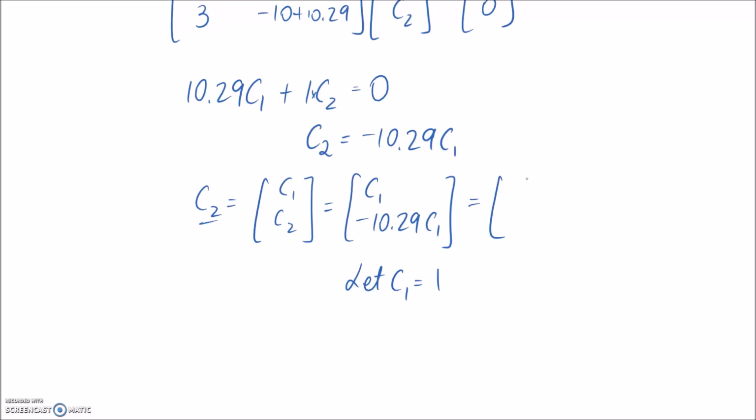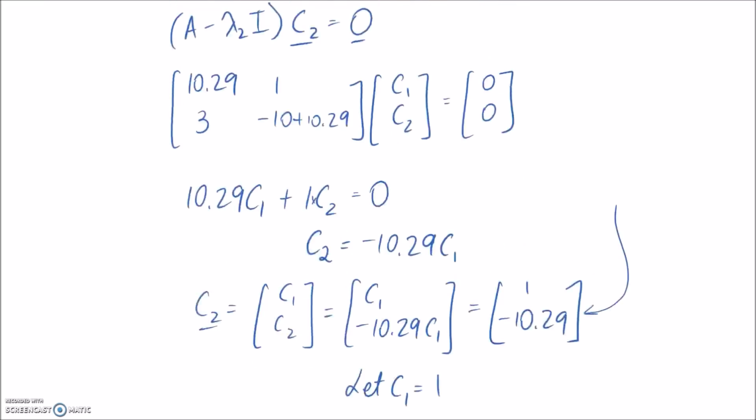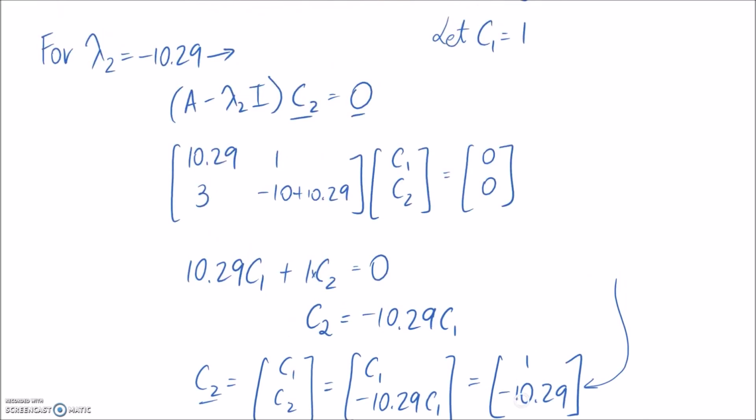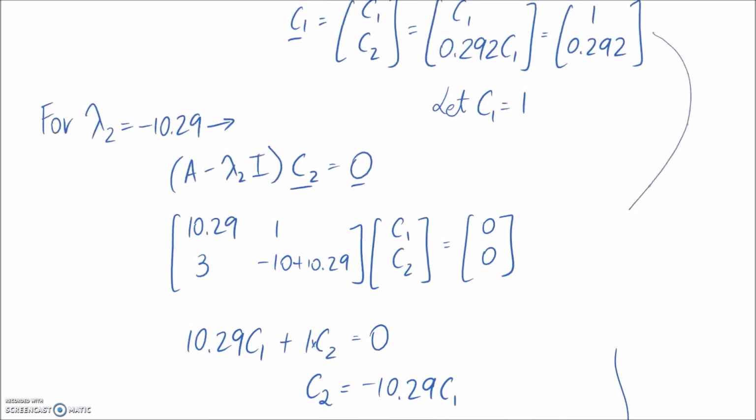So if we pop that in, we're going to get 1 and negative 10.29. So what we've been able to achieve is our two eigenvectors now. It's going to be this one here and this one here. These are the two eigenvectors.